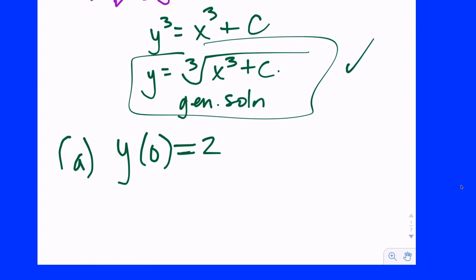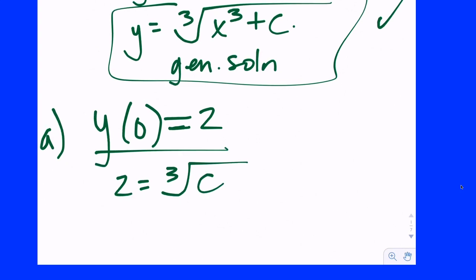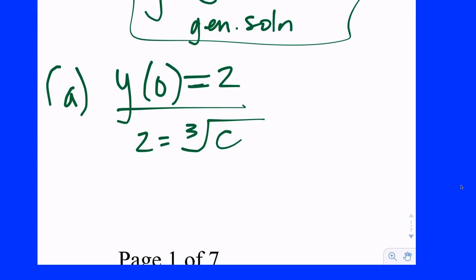Well, it basically says, and this is kind of like hybrid function notation, f of 0, y of 0. When x is 0, y is 2. So all we got to do is plug in a 2 for y and a 0 for x. And this is how we'll show it. You can just say y of 0 equals 2, and underneath there put 2 equals the cube root of, plugging in a 0 for x, we get c. Okay, so that's c.